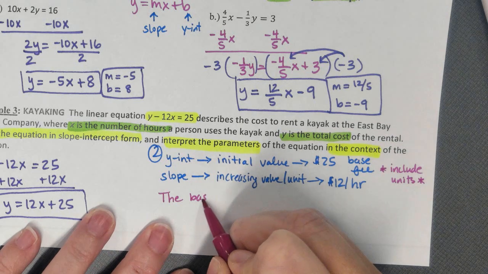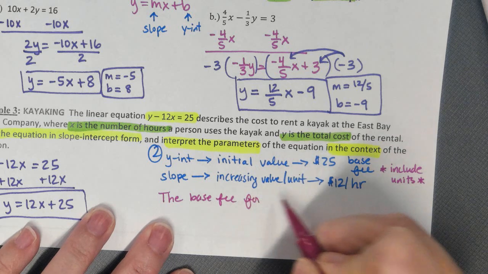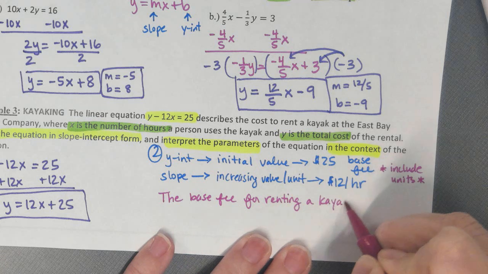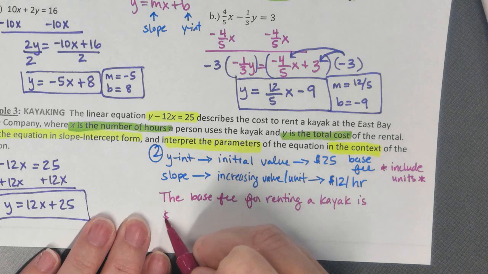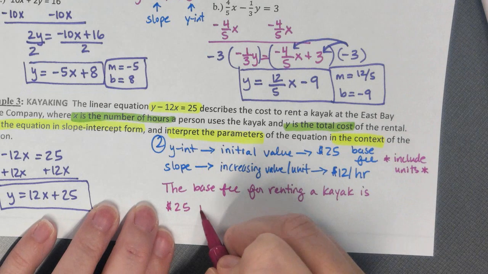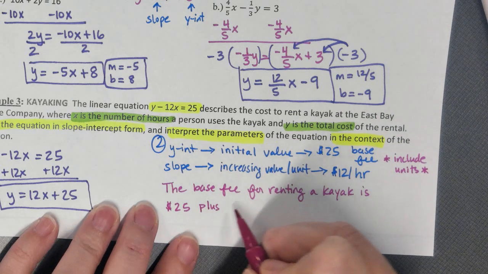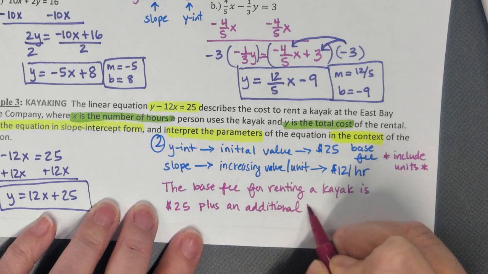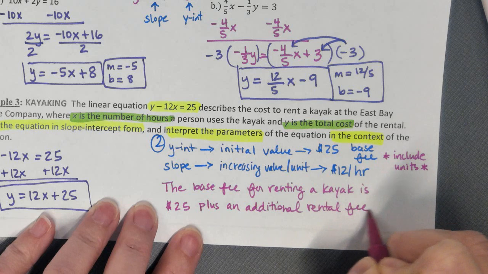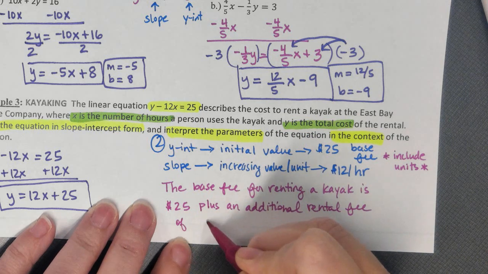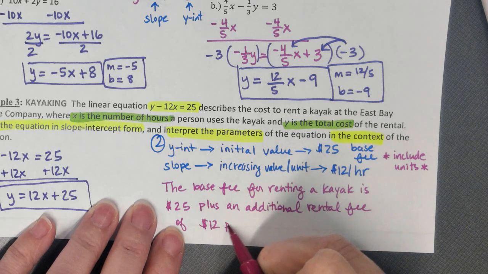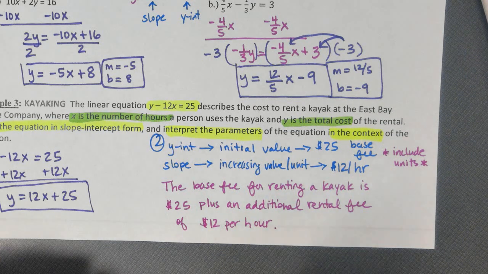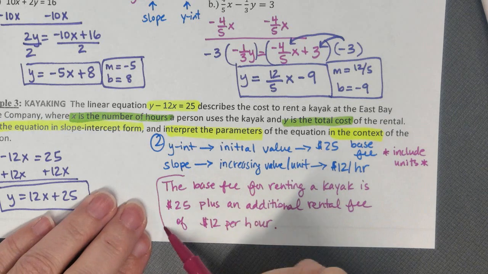The base fee for renting a kayak is $25 plus an additional rental fee of $12 per hour. All right, and that would be your answer for step 2.